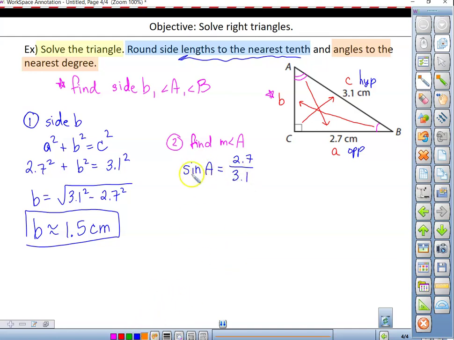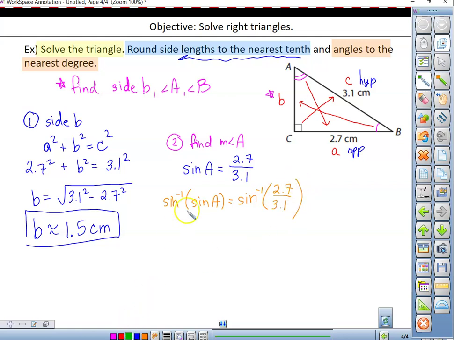Here's where we have to undo the sine function. So we undo functions with their inverses, and the inverse of sine is called sine inverse and is written with a superscript of -1, our inverse notation. So we take the sine inverse of the sine of angle A, and we also, of course, for balance in our algebra, have to take the sine inverse of the other side, which is our ratio.